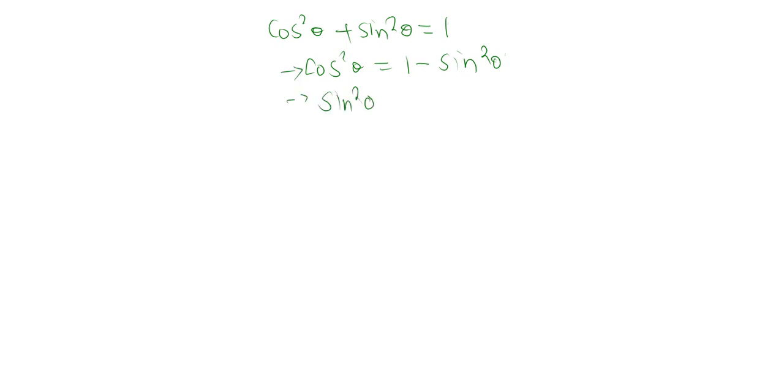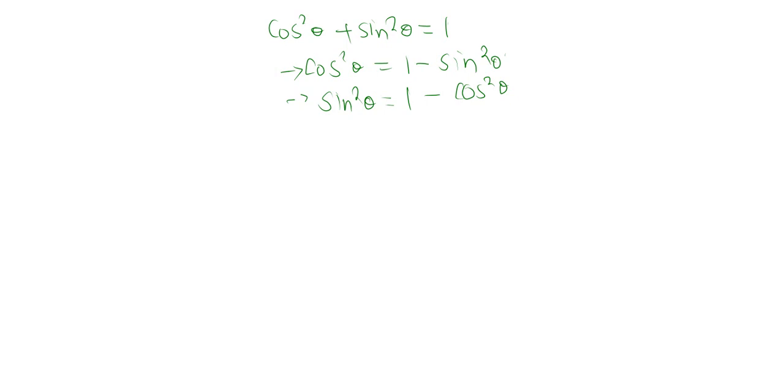Also recall that cosine squared theta plus sine squared theta is equal to 1, and therefore cosine squared theta can be written as 1 minus the sine squared theta, and our sine squared theta can also be written as 1 minus cosine squared theta.